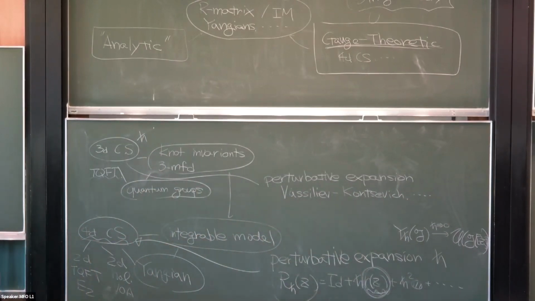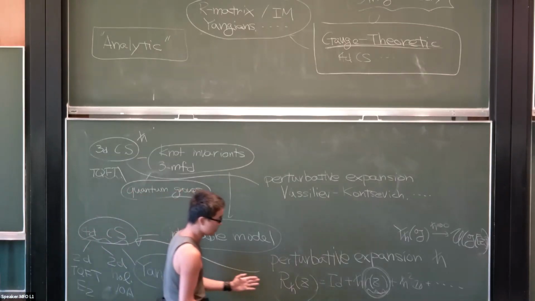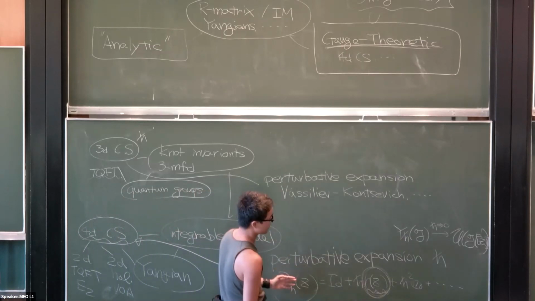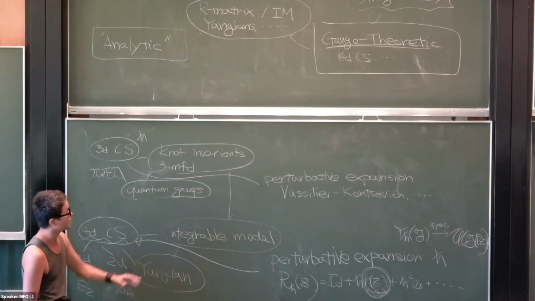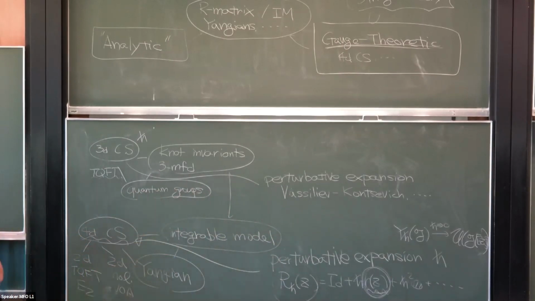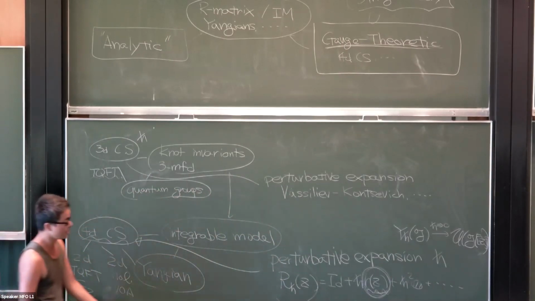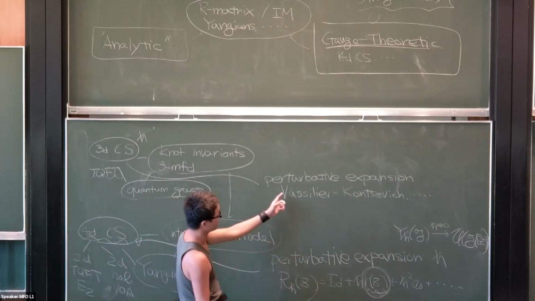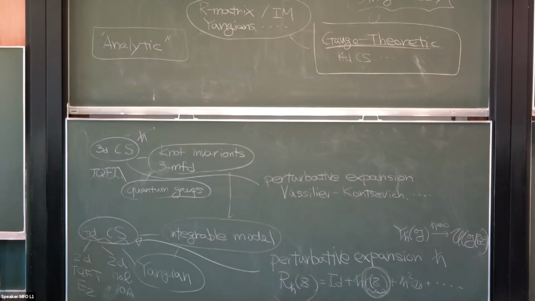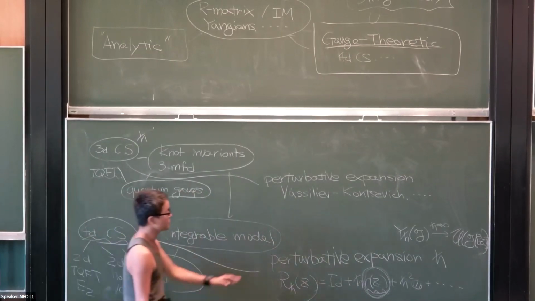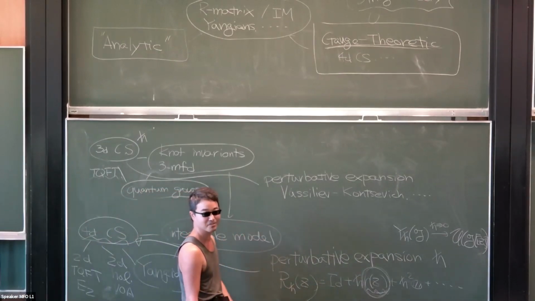That was formulated in the language of chord diagrams, etc. What we're going to do now is very similar to what people do in the usual 3D perturbative Chern-Simons theory, and we're going to see structures very similar to what we find here. That itself is an interesting subject, which defines finite type invariants, for example.